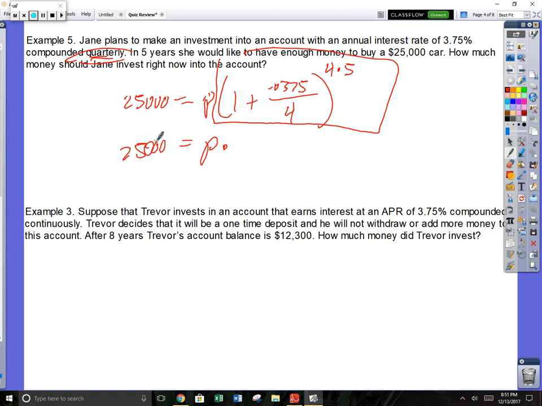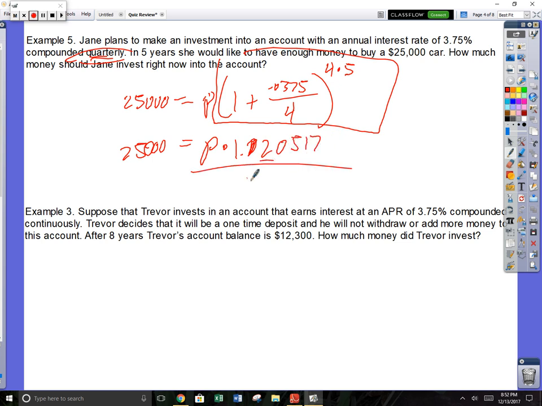Then if we do that, we are going to get 1 plus 0.0375 divided by 4 raised to the 20th power, and that is 1.2051777, and so on.